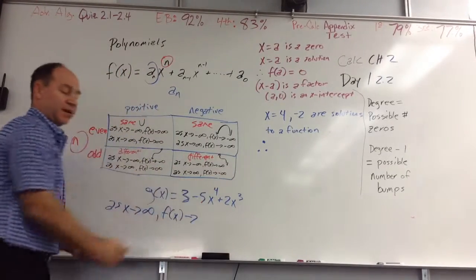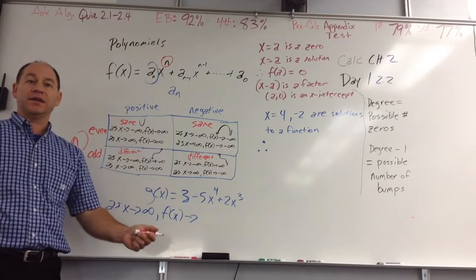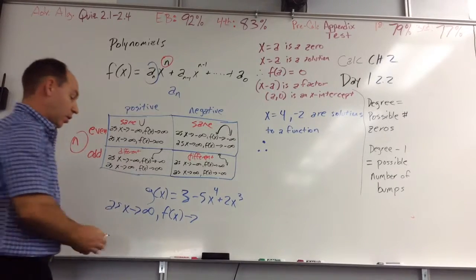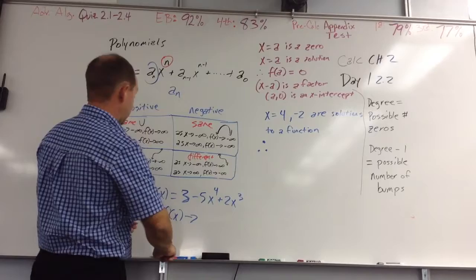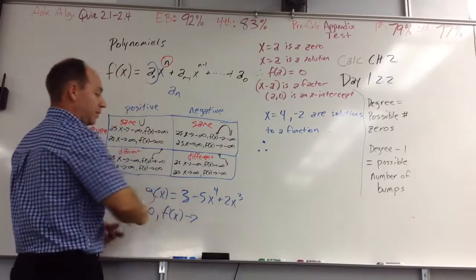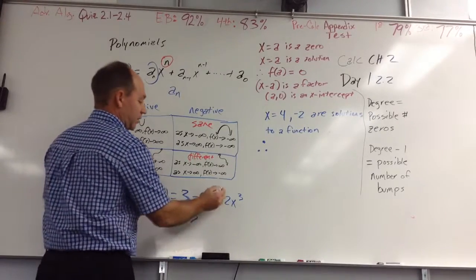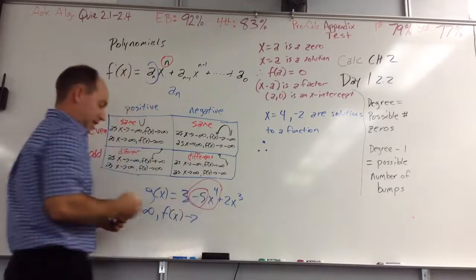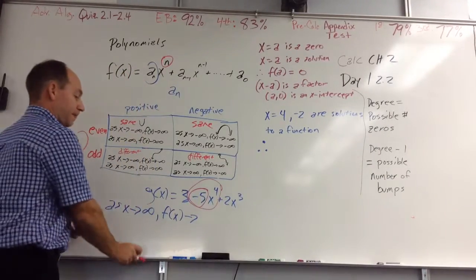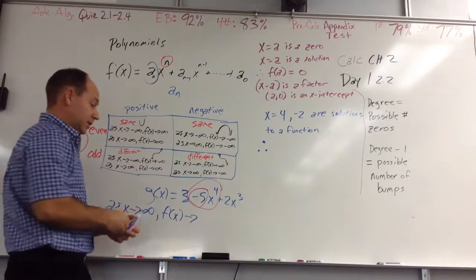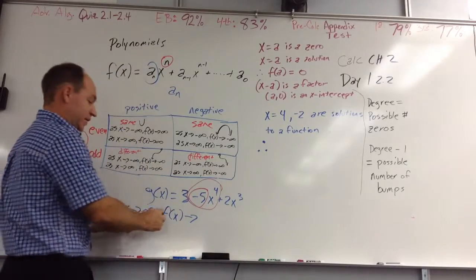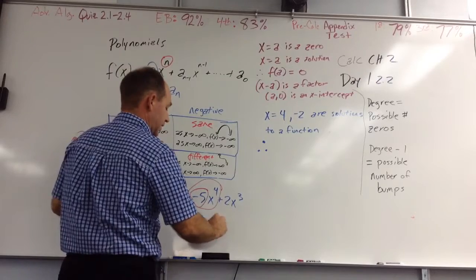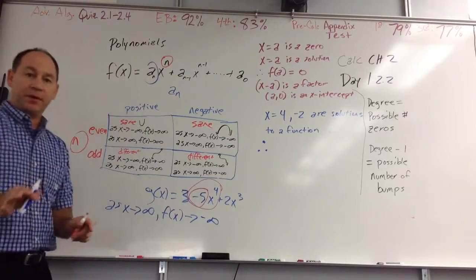Without even thinking about it, I have to find the leading coefficient, and remember, we only want to deal with the largest exponent. That leading coefficient is negative 5. So the leading coefficient is negative. As x approaches positive infinity, f of x approaches negative infinity. That always happens. I don't have to think about it.